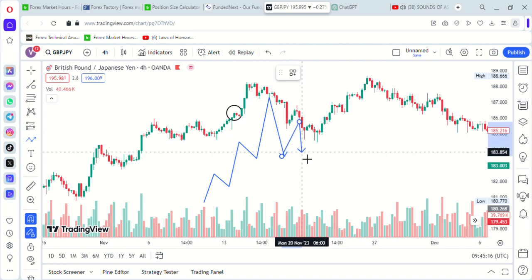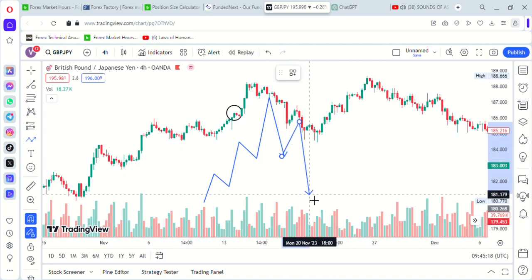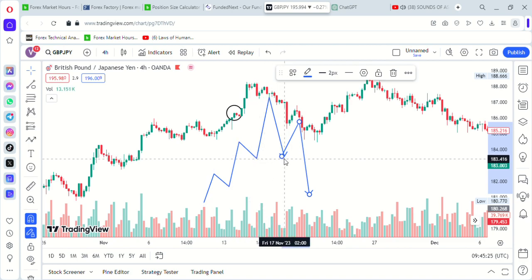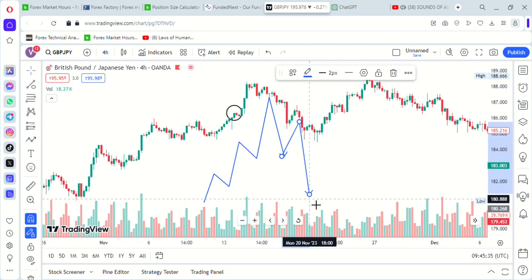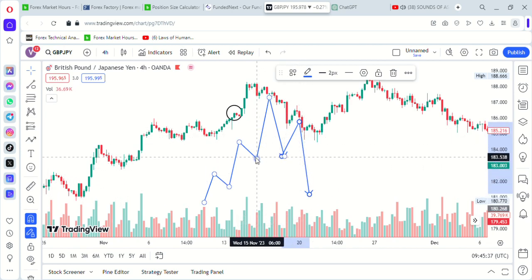You see, there was a break of structure. You can see it from here. This high, now this market came here and broke this structure. You see it? There was no high again.